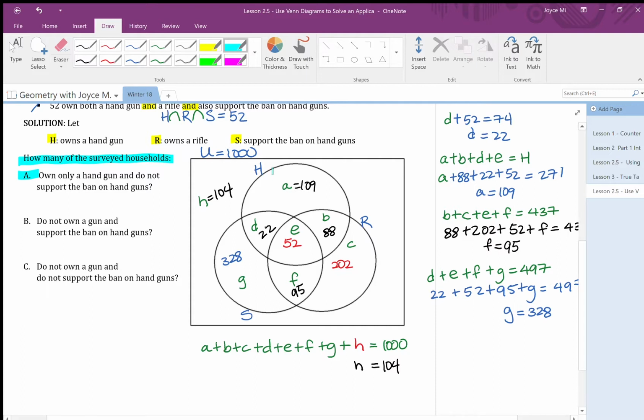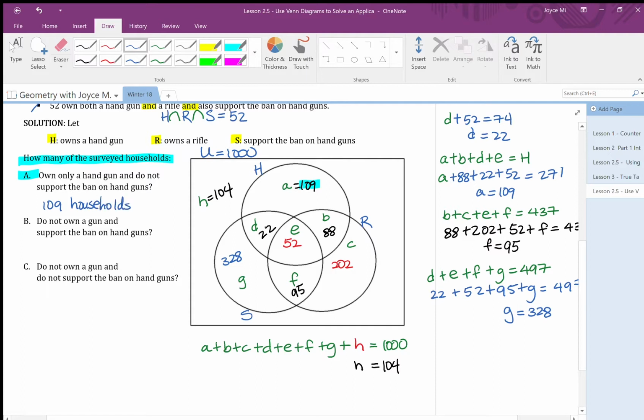Only the handgun is this circle over here, H. And do not support the ban on handgun. That means I don't want this part. And only handgun, that means I don't want this part either. It doesn't own a rifle. So that is exactly 109. Okay. So the answer here is 109 households.